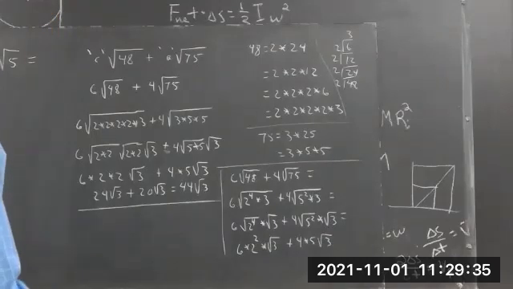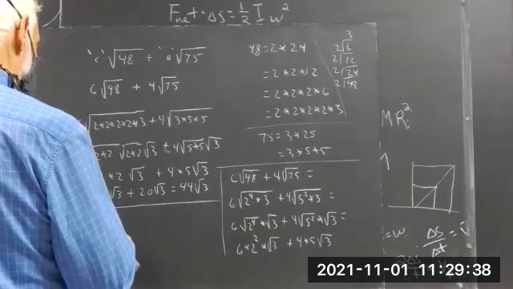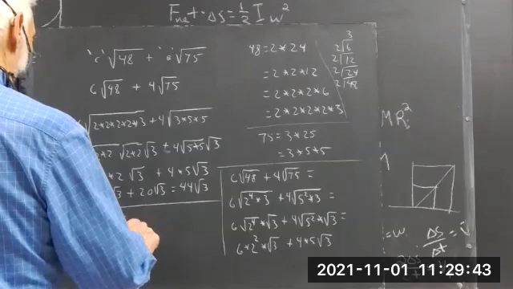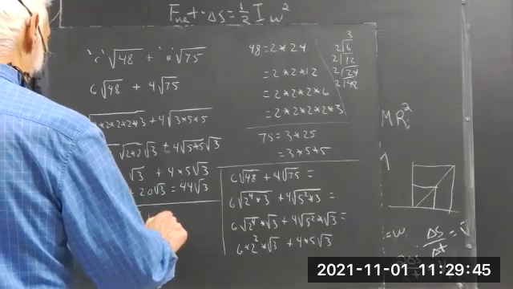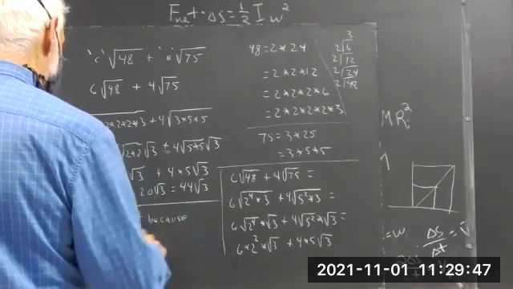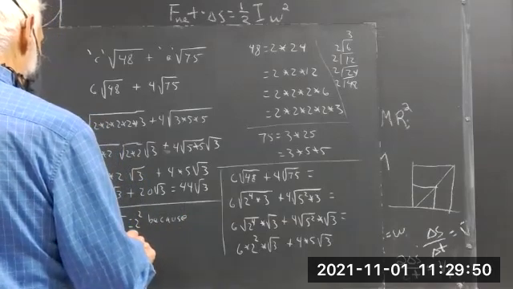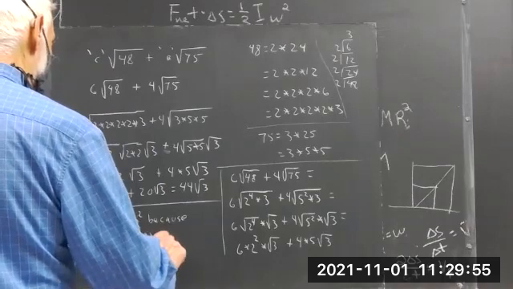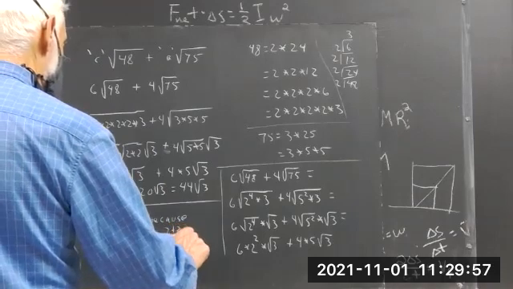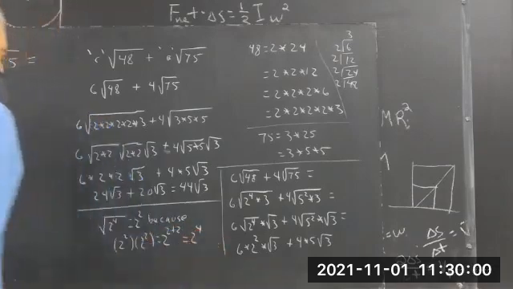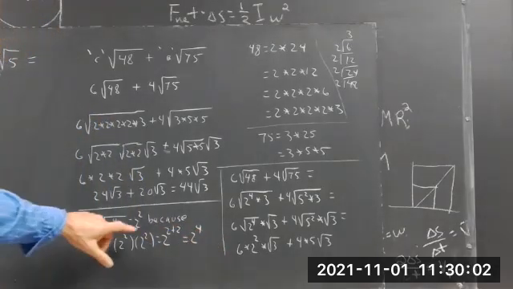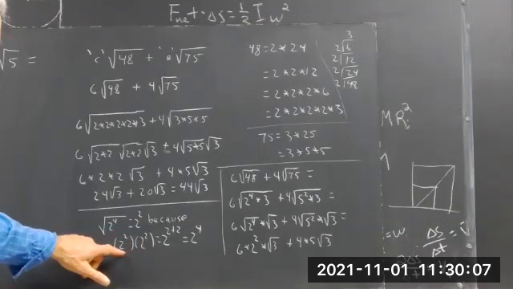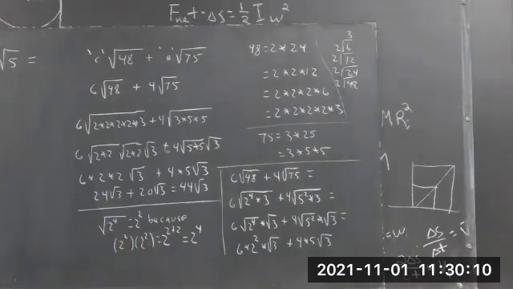Okay, this is because, again, the square root of 2 to the 4th is 2 squared because 2 squared times 2 squared, same base, you add the exponents.